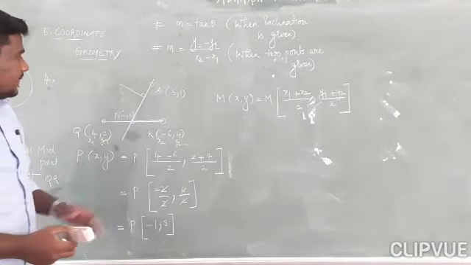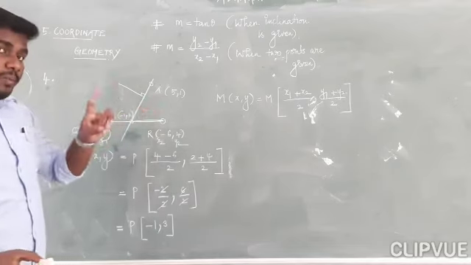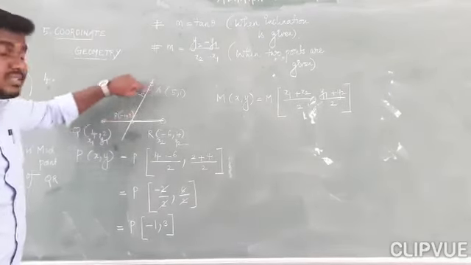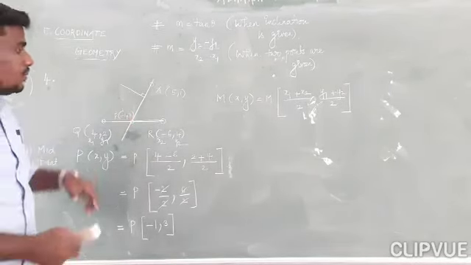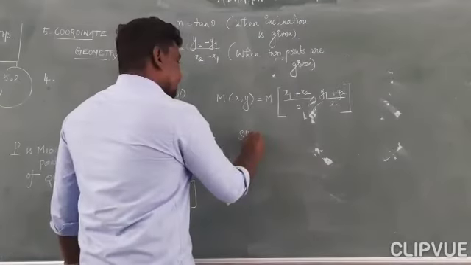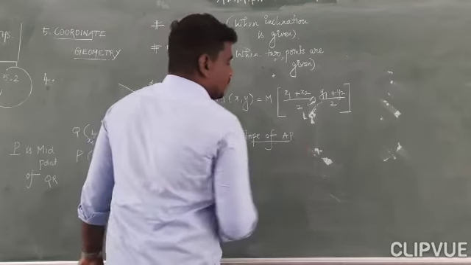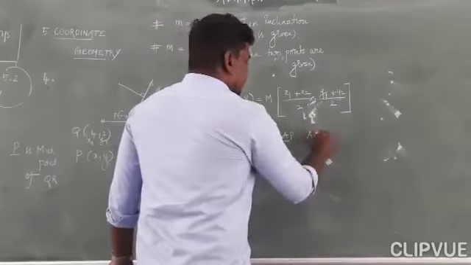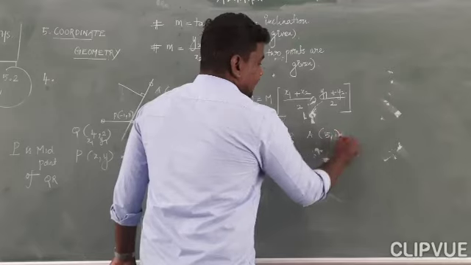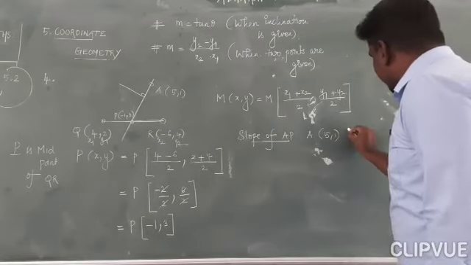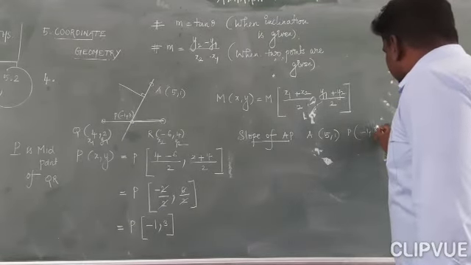They are asking to find the slope of the straight line which is perpendicular to this one. So first we find the slope of AP. A is 5 comma 1 and P is minus 1 comma 3.